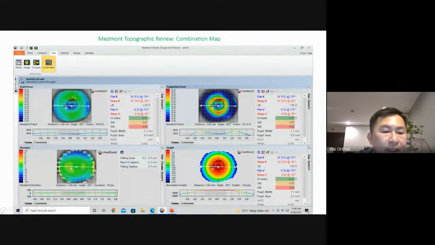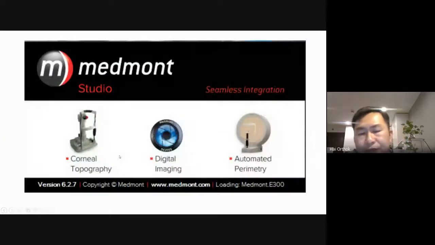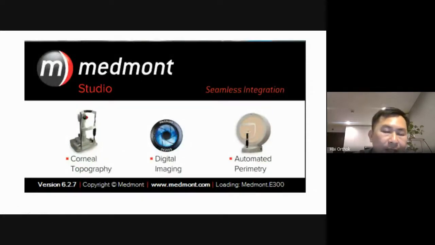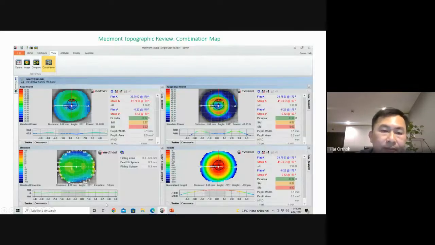The Medmont is one of the effective units to use for Ortho-K because it has been well known with specialist labs for the past 10 to 20 years, and it is very specialized for contact lens fitting, and you can use it for surgery and others too.